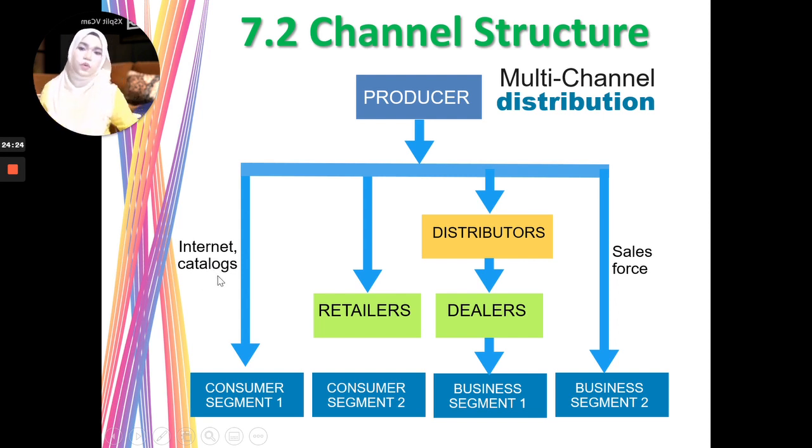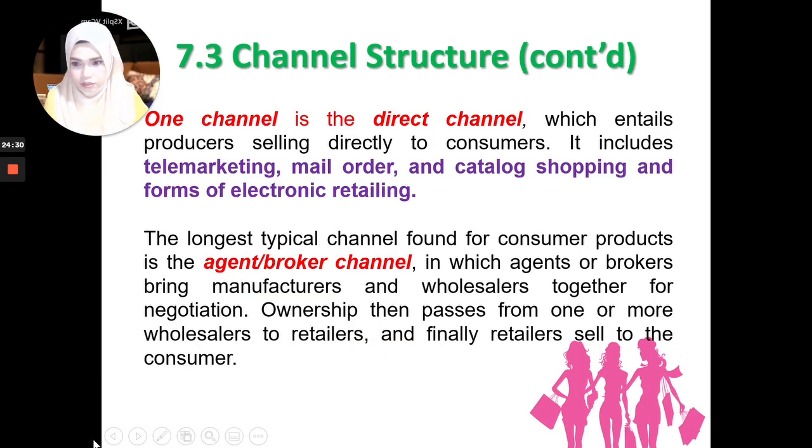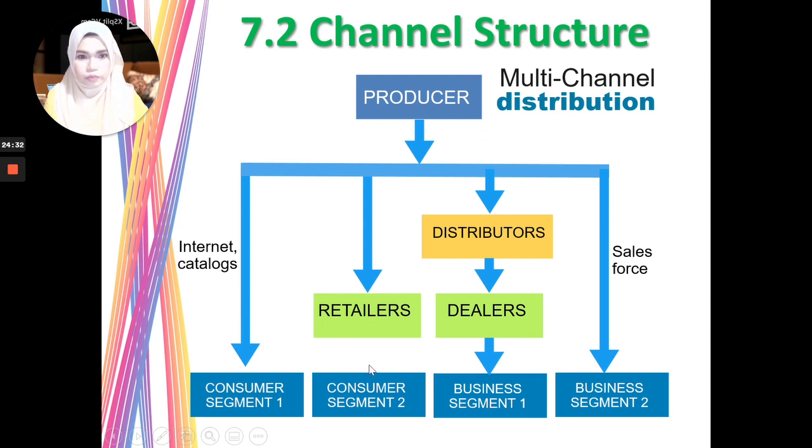Nowadays you can just order directly from Instagram, right? Or it can be to the retailer. Sorry, I missed an arrow here. There's supposed to be an arrow here also. Let me write down with my pen. So the retailer also may reach another segment of the consumer, and so on.